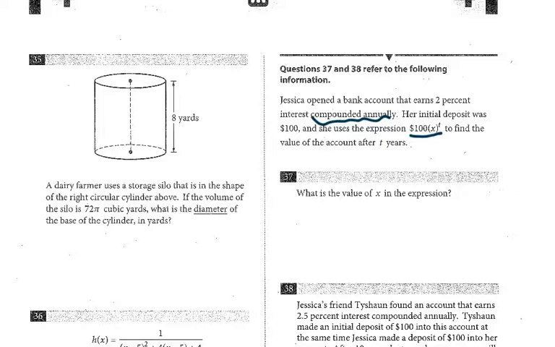We know that the formula for compound interest will be F, which stands for the future value, equals principal times 1 plus I over N, then to the power NT.